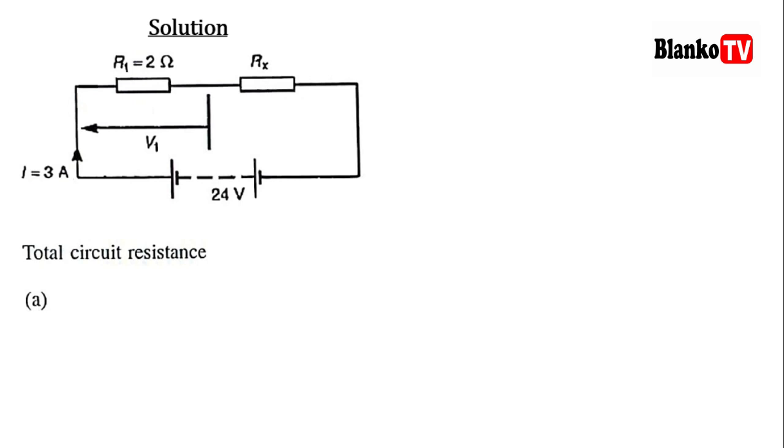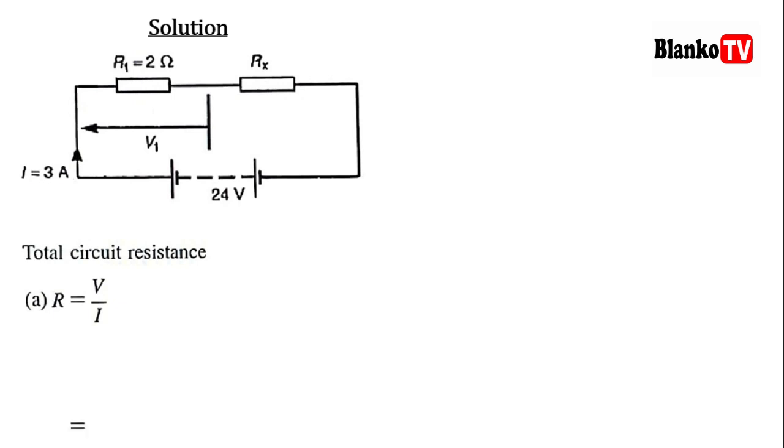Solution A. By Ohm's law, we know that R equals V over I. That is, resistance is equal to the voltage over current.